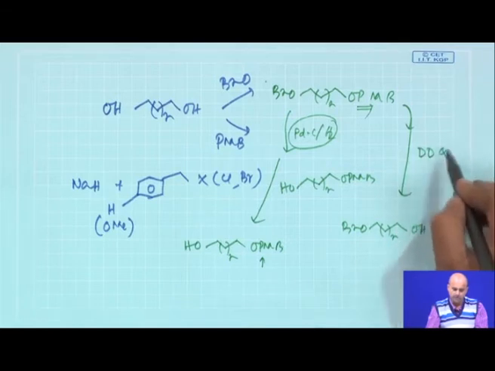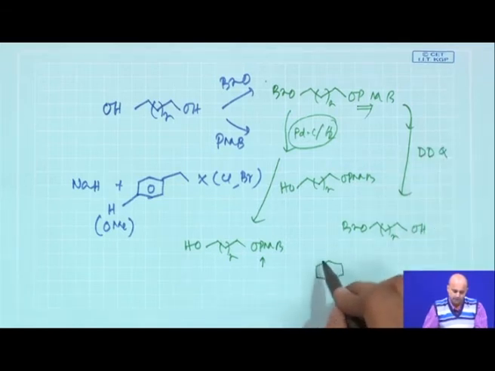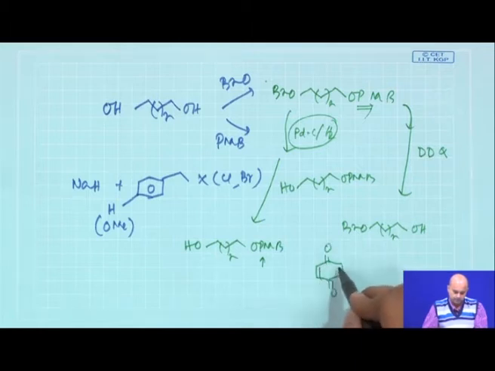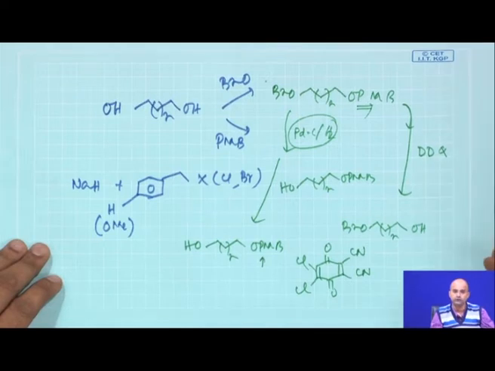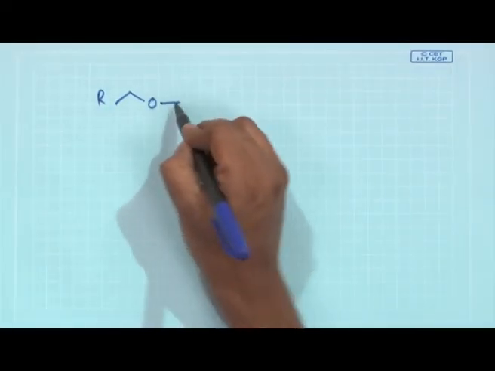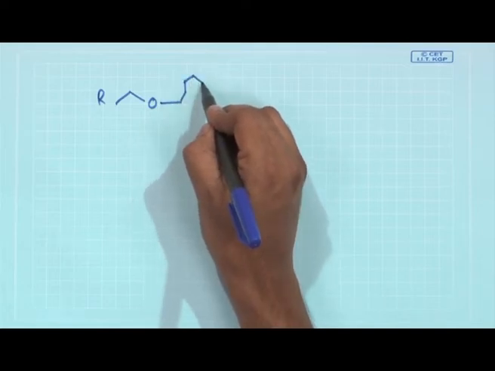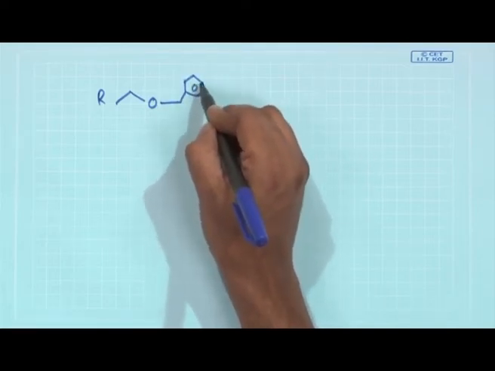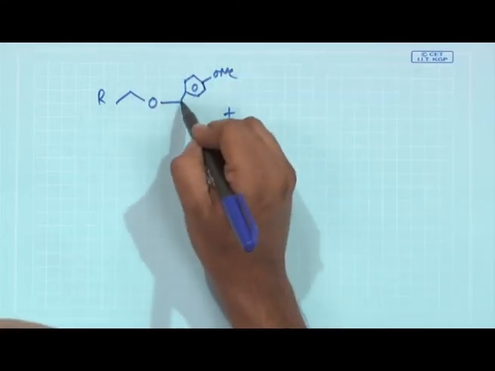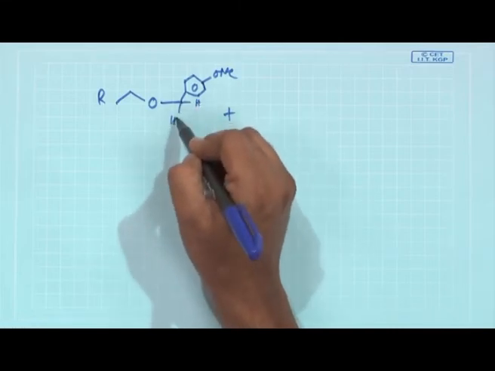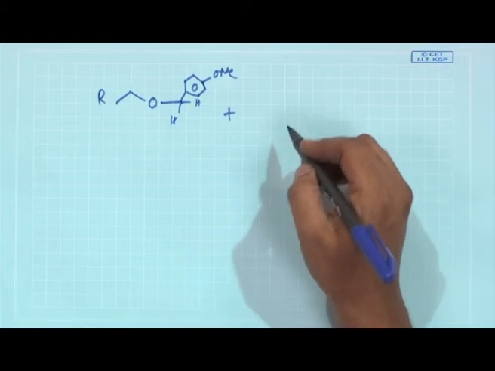If you use a reagent called DDQ, the DDQ structure is this. A single electron transfer reaction takes place. In reality, what happens is, if you treat an ROPMB with DDQ, which is this aromatic compound, one of the hydrogens on this particular carbon is transferred to the DDQ.